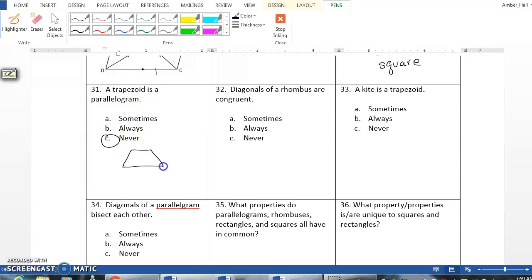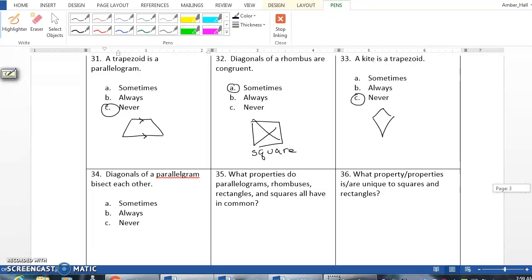Trapezoids only have one. Diagonals of a rhombus are congruent, sometimes, again, in a square. A kite is never a trapezoid. Kites have no parallel lines. Trapezoids have one.